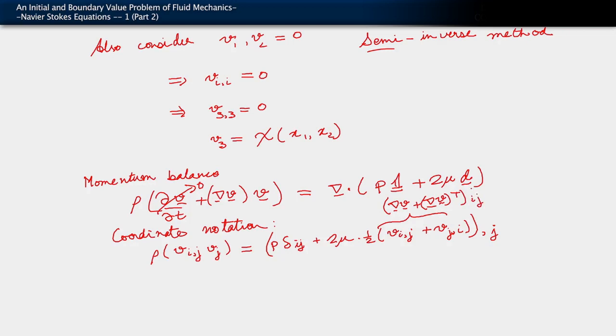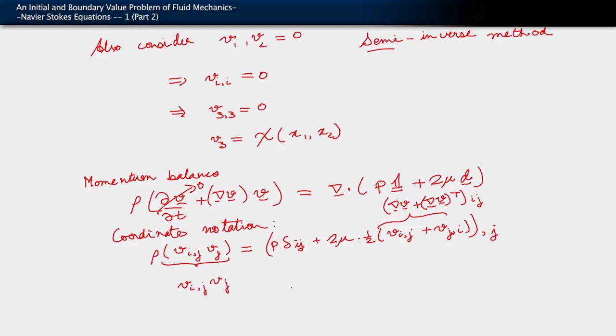Now let's look at this term by term. Let's first consider what we have in here. We don't need to carry the rho along here. We can just look at what we have in those parentheses. And this is vi comma j vj.